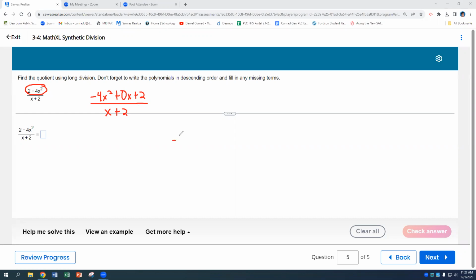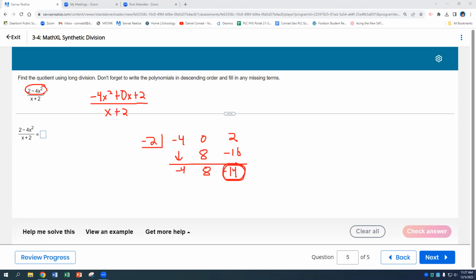So my numbers here are going to be -4, 0, and 2. And I'm going to use -2 because I've got to switch the sign here. Bring down my -4. -4 times -2 is going to be +8. Then -2 times 8 is going to be -16, which gives us -14. And that's going to be our remainder.